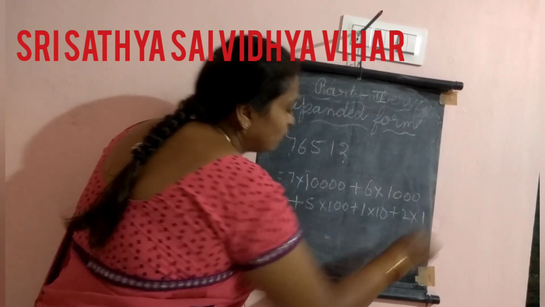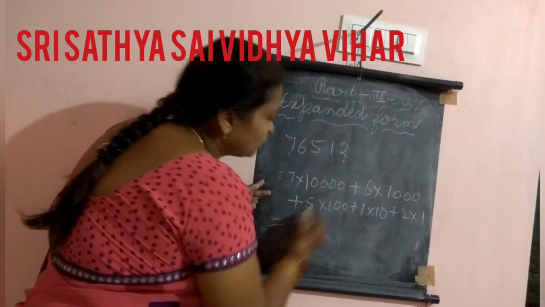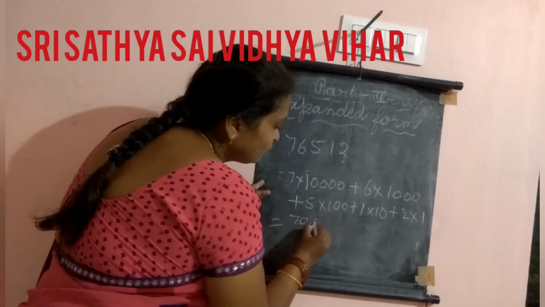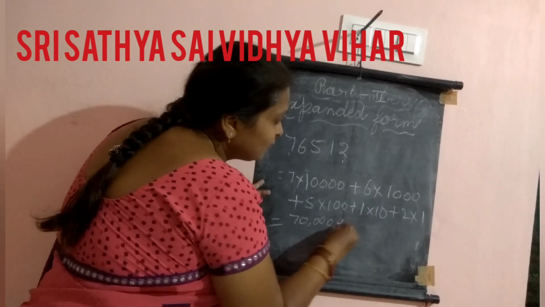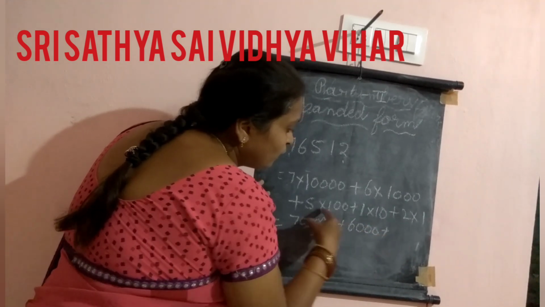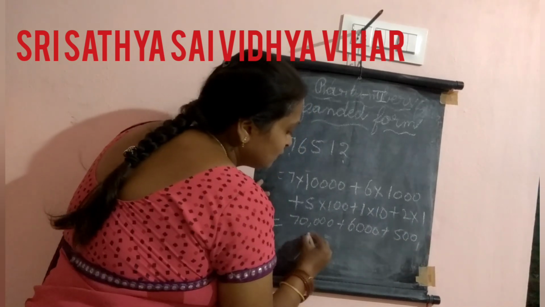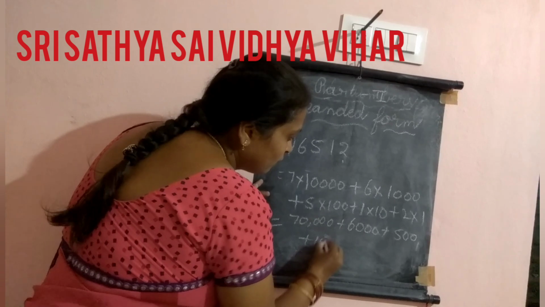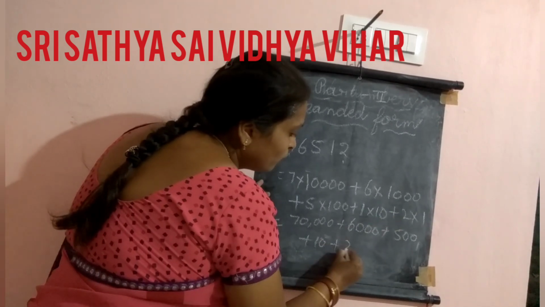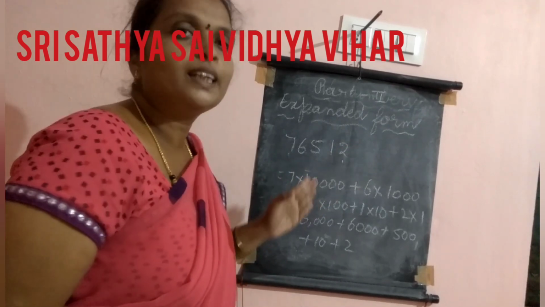If we write 7 into 10,000, 70,000 plus 6 into 1000, 6,000 plus 5 into 100, 500 plus 1 into 10, 10 plus 2 into 1, 2. If we add all, we get 76,512. This is the expanded form.